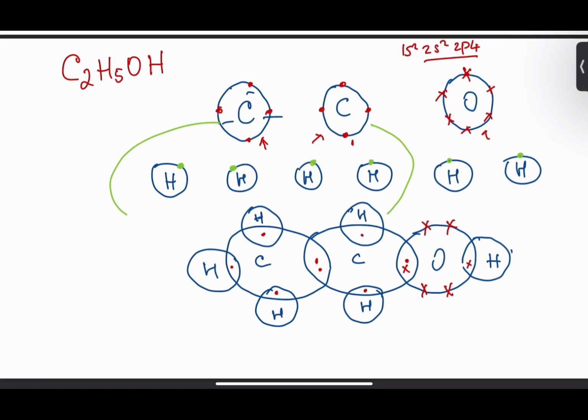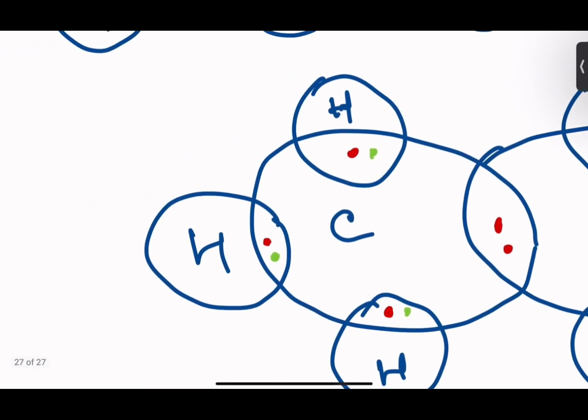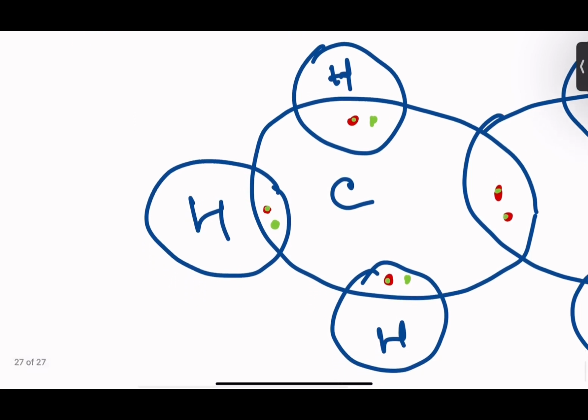And then I put the hydrogens' electrons, which is going to be 1, 1, 1, 1, 1, and 1, just like so. If you now count the number of electrons around carbon, for example this carbon, I have 1 electron here, 1 here, 1, 2, 3, 4, 5, 6, 7, and 8. 8 electrons.